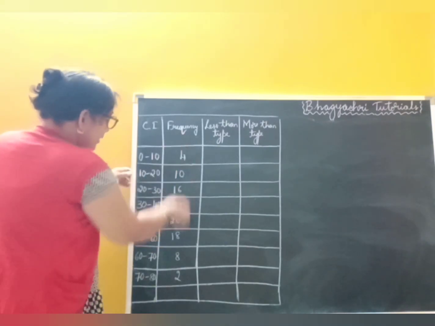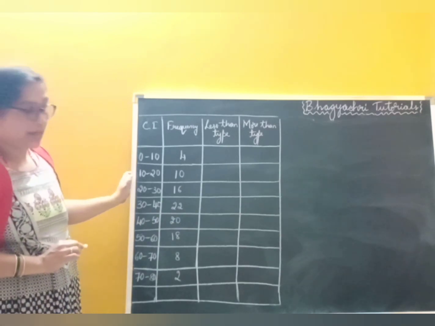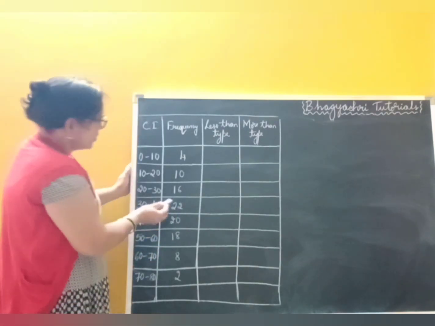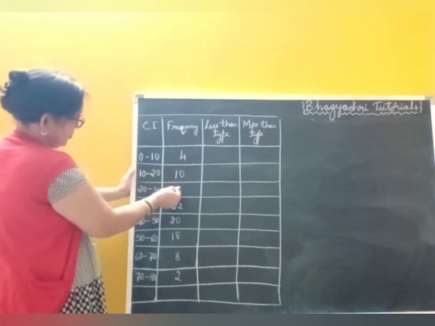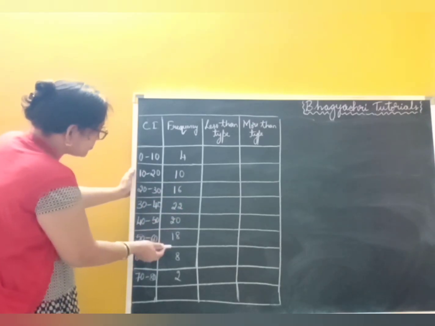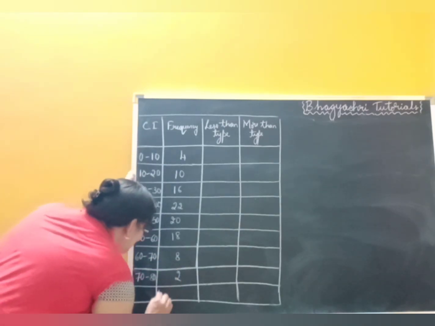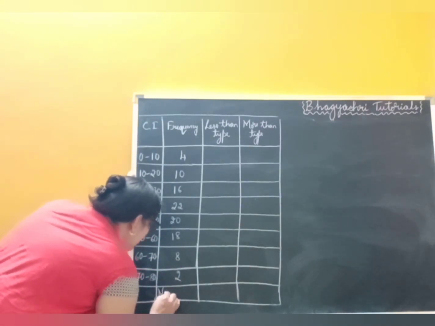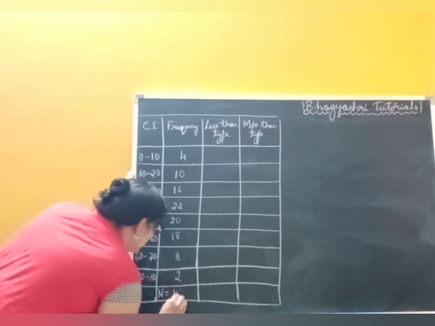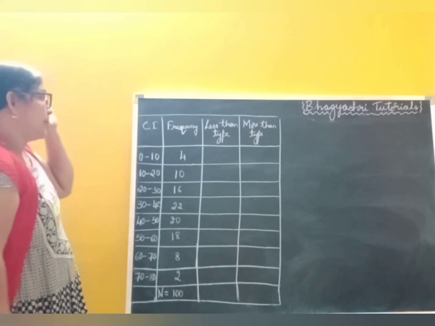Now let us add up all the frequencies, then you get the number of students in that class. Let us add them now. Yes, total is 100. So N, that is sigma f, is equal to 100, the total of the frequency.